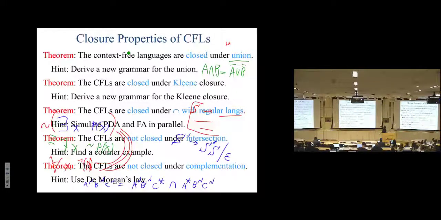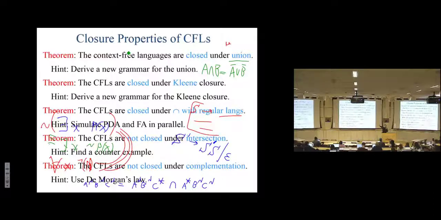Right? That's the first theorem. We know that they're not closed under intersection. That's this theorem here, 1, 2, 3, the fourth theorem right here. It's not closed under intersection, but it is closed under union.